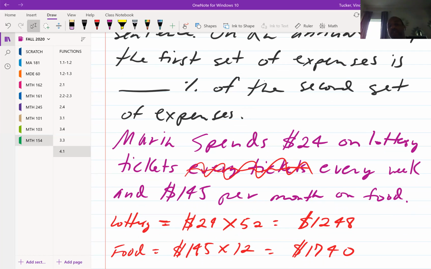So the lottery is $24 every week. So that's 52 times 24, because there's 52 weeks in a year. And then the food is $145 per month. So the 12 months in a year is 145 times 12. So it gives us 1248 and 1740.